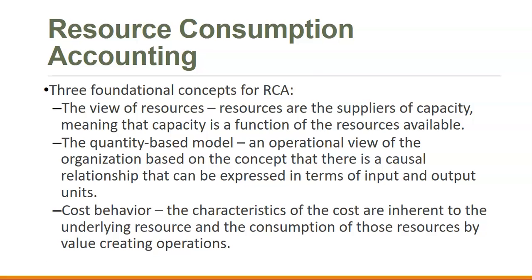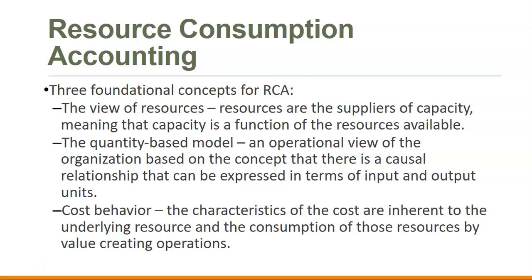So for our resource consumption accounting, we know that resources are the suppliers of capacity. So our capacity to provide products and services is a function of the resources that we have available to us. If we only have one employee, that affects our capacity to offer products and services.